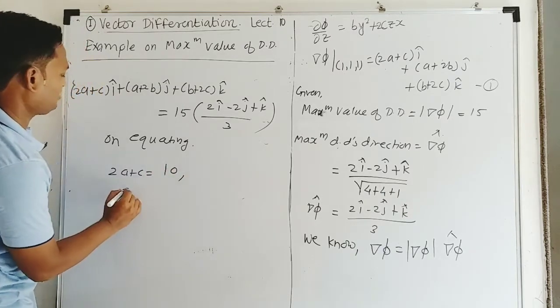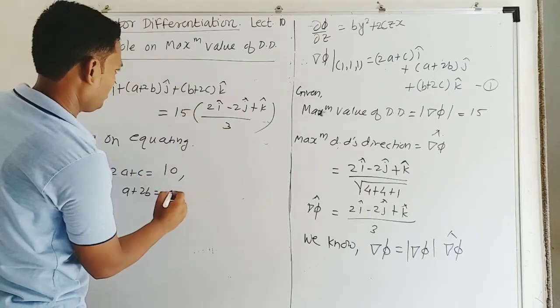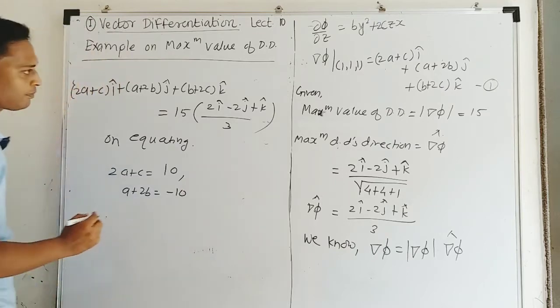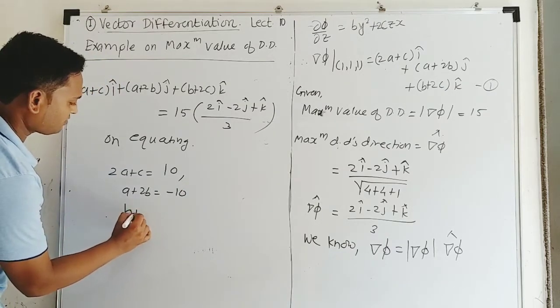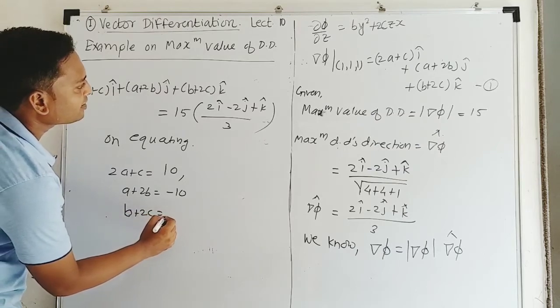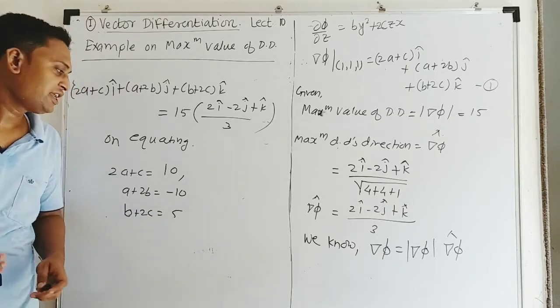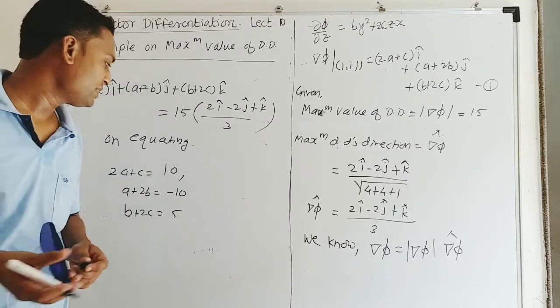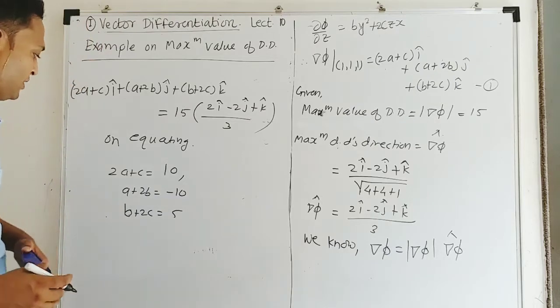Second equation, a plus 2b equal to minus 10, and last, b plus 2c equal to 5. Now I have three equations in three unknowns which can be solved simultaneously, and after solving this we'll get the values of A, B, C. So let us solve them.